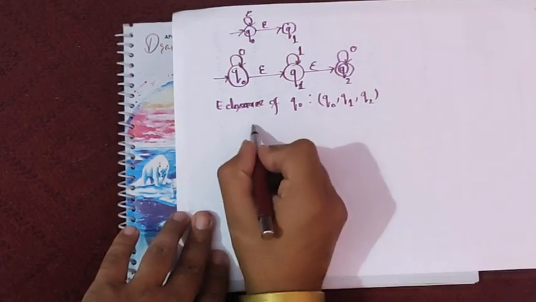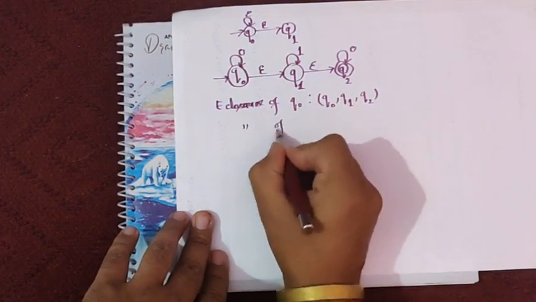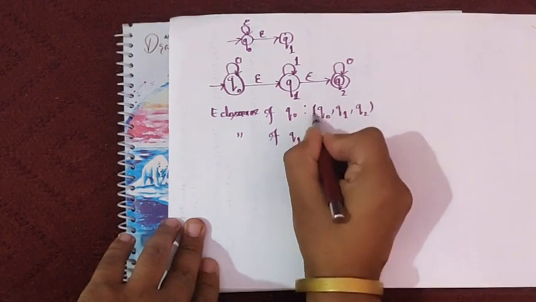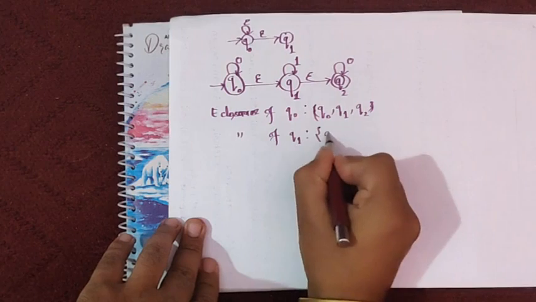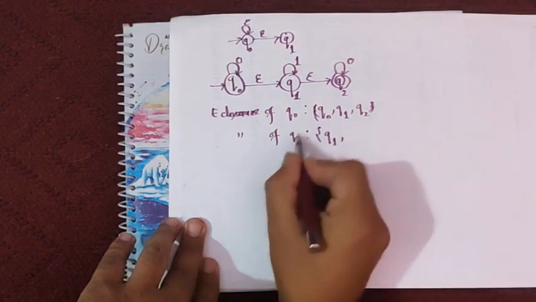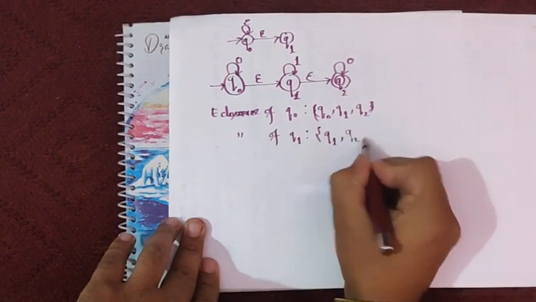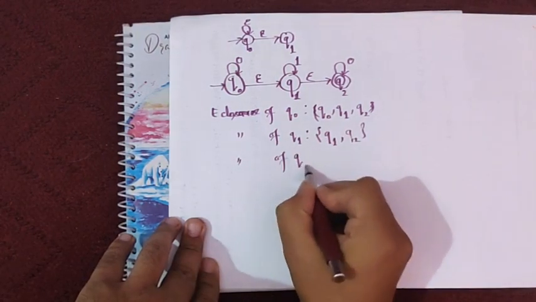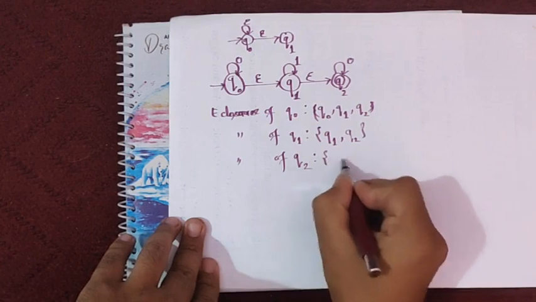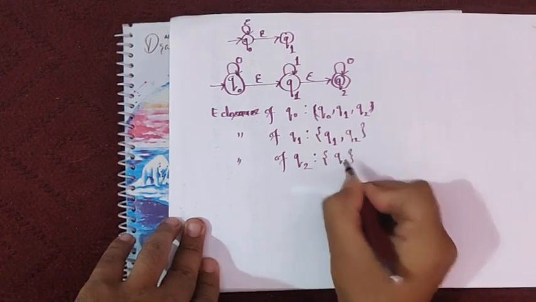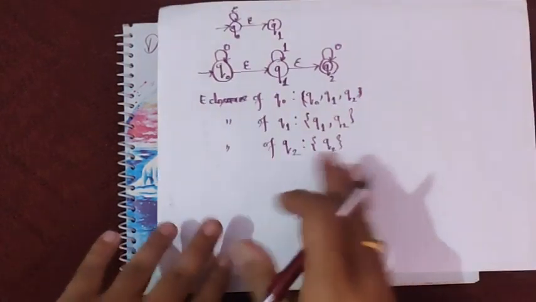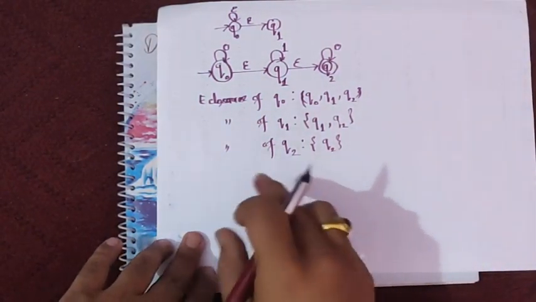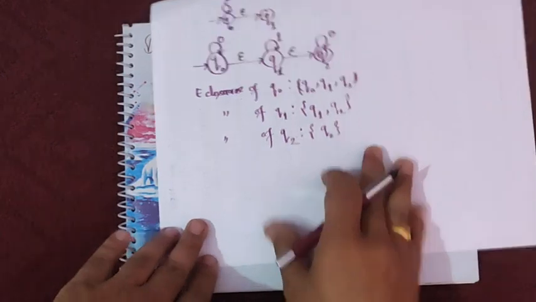Epsilon closure of q1 is q1 and, on the empty string, q2. Similarly, epsilon closure of q2 gives only q2. Let us use the same method by which we converted NFA into DFA.